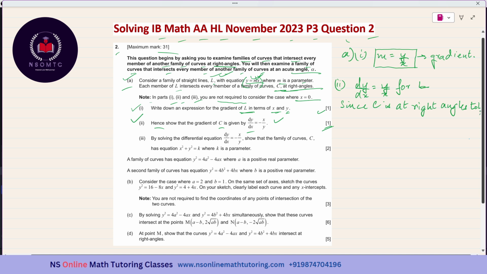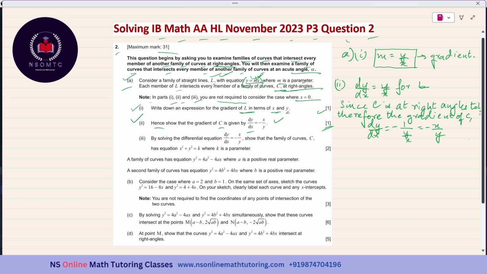Therefore, the gradient of C, dy by dx, will be the negative reciprocal, so it will be negative 1 over y over x, which is equal to negative x over y.